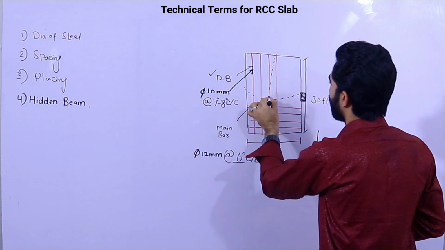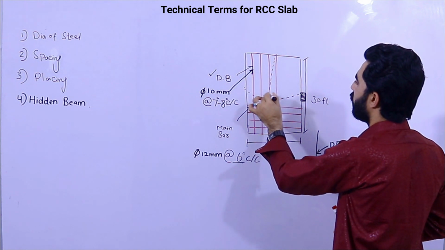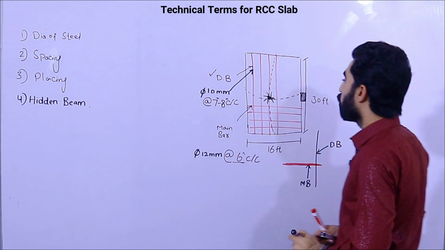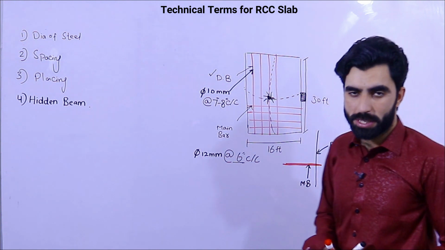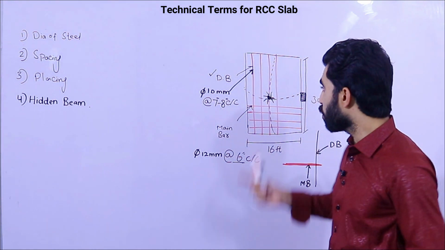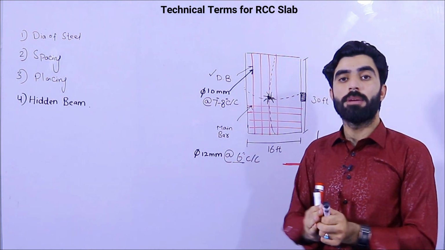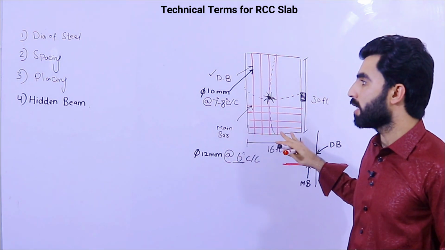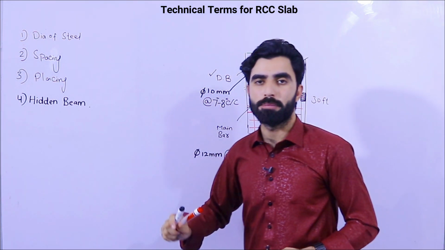So the structure will face a problem here. Therefore, to avoid the bending moment at the middle, because we don't have support here and we have the maximum space, we should provide the hidden beam.